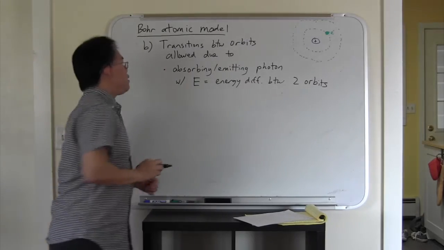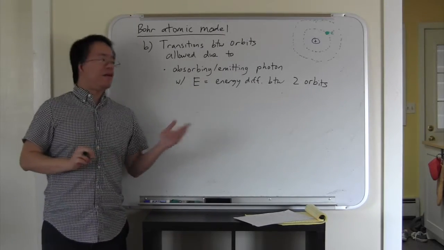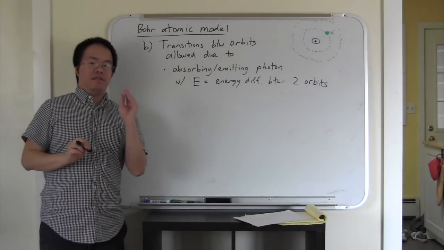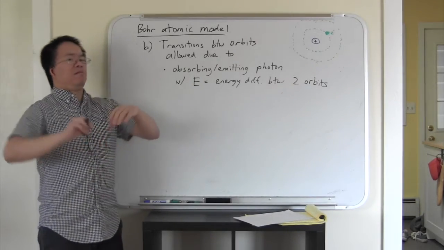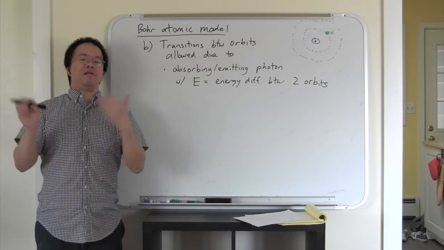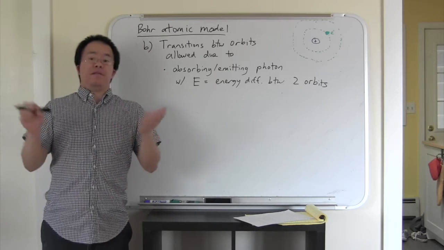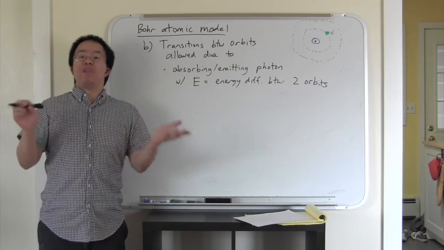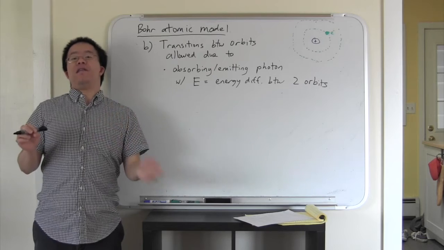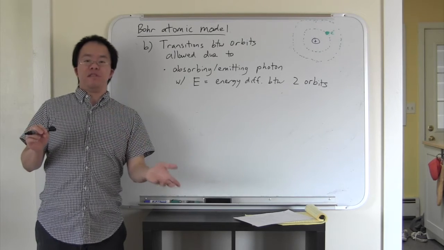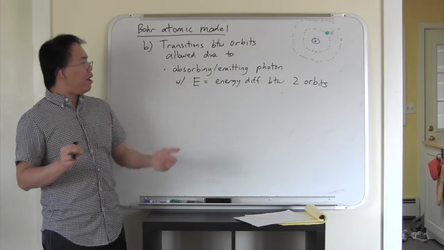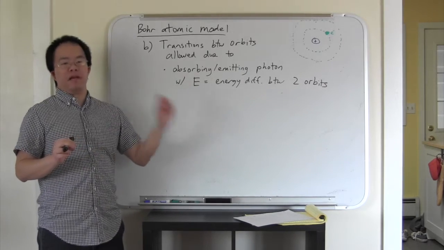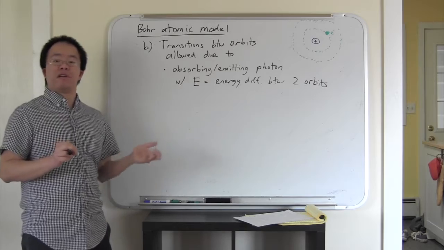So this now starts to explain why you have discrete spectral lines. Because those spectral lines correspond to photons of a particular frequency, and you know from Einstein that E equals h nu for a photon. So those spectral lines correspond to the energy difference between two particular orbits.